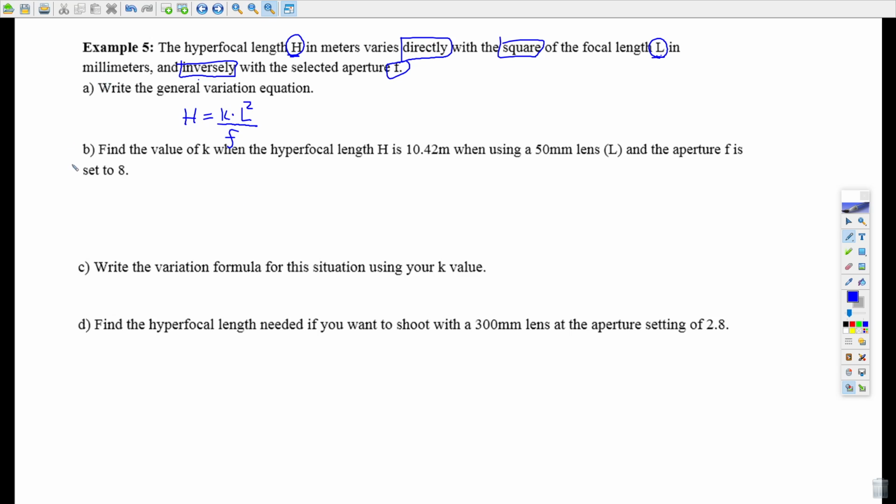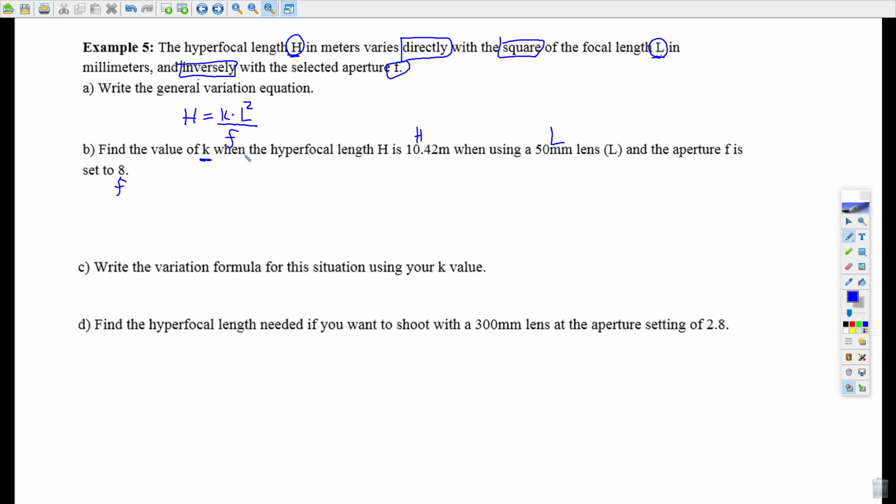Now we can use it in part B. Find the value of K. Now they're going to give us some numbers to plug in. When the hyperfocal length H is 10.42 meters, okay, so this is H. When we use a 50 millimeter lens, that's your L, and the aperture F is set to 8.